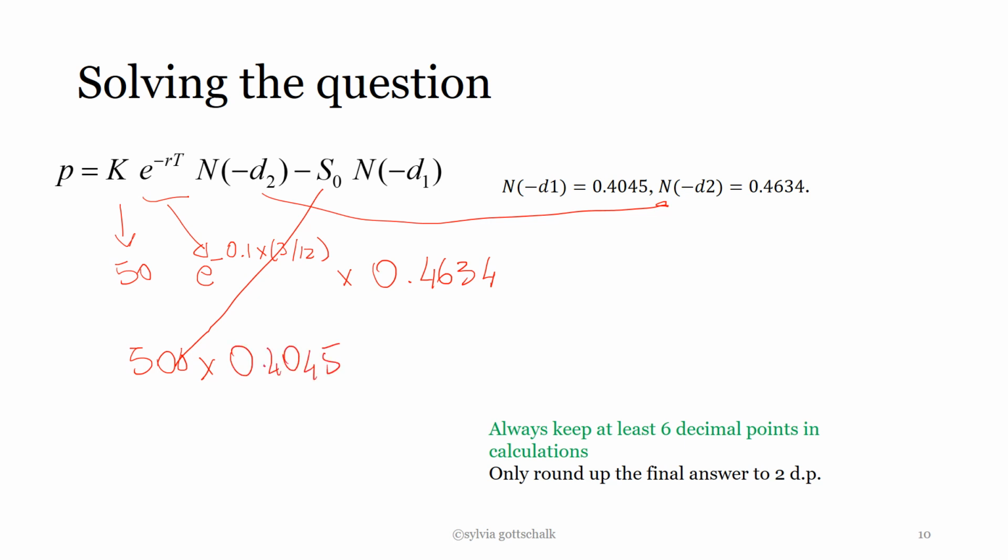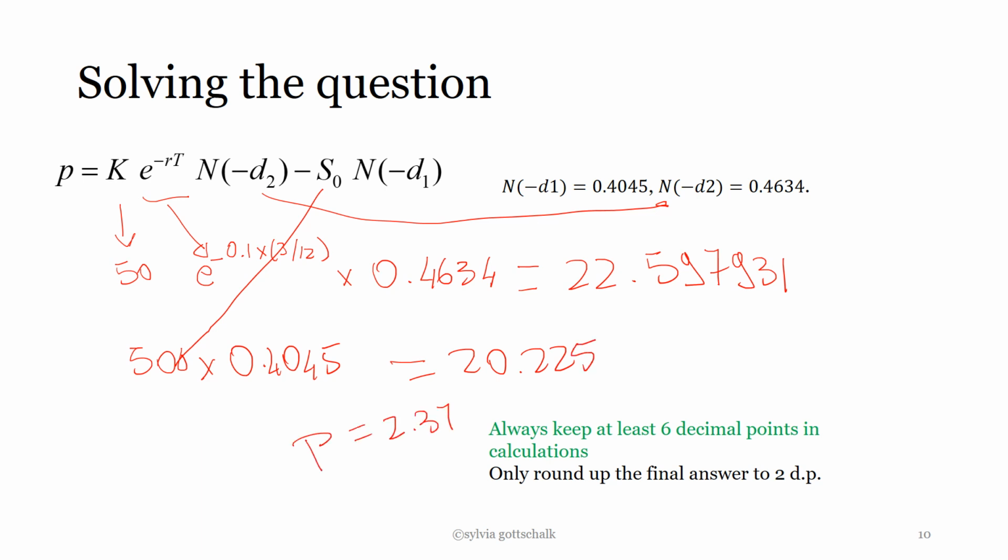So I have calculated them. This one is 22.597931. This one is 20.225. So it gives you a put price of 2.37.